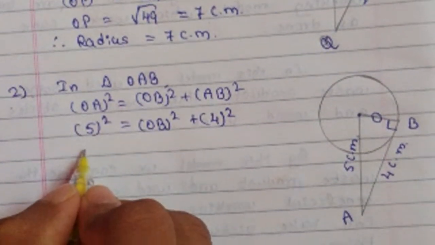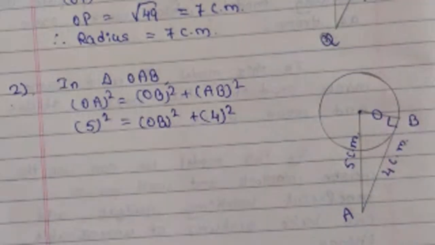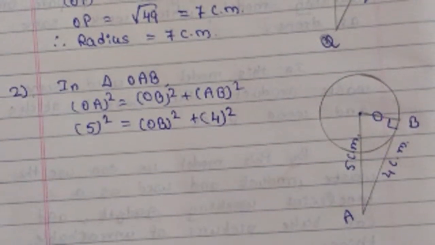So what is the value of 5 square and 4 square?